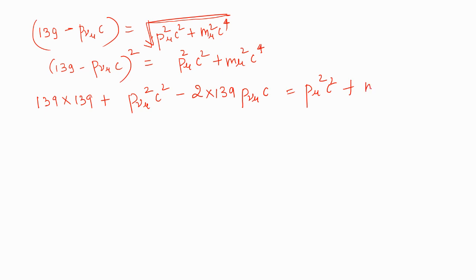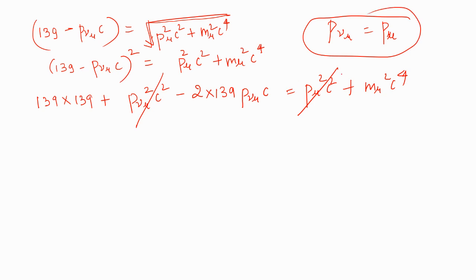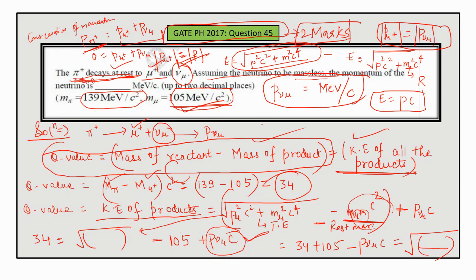Now one thing is there, these two terms will cancel, because I have just told you that the momentum of neutrino will be equal to the momentum of muon. So that's why these two terms will cancel, and this is 139 into 139 minus this term, because it is given in the question.